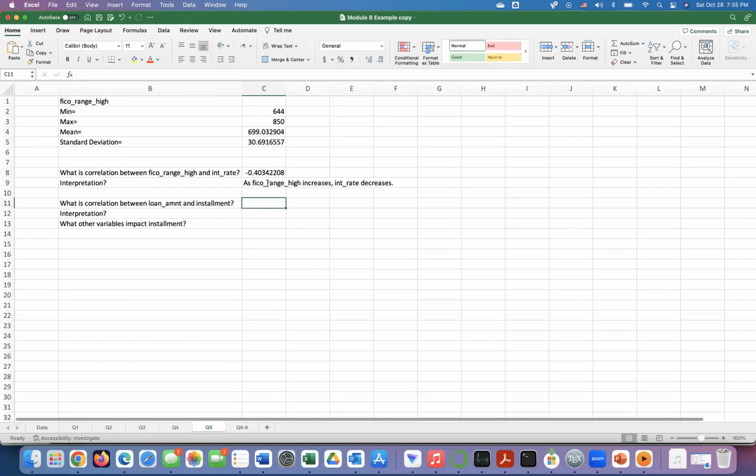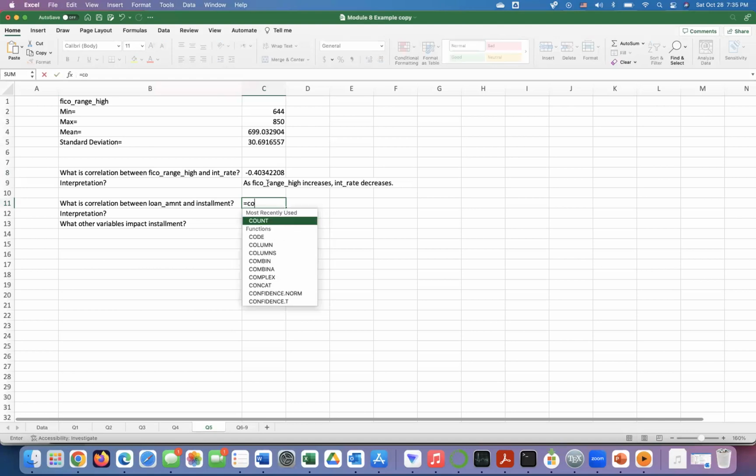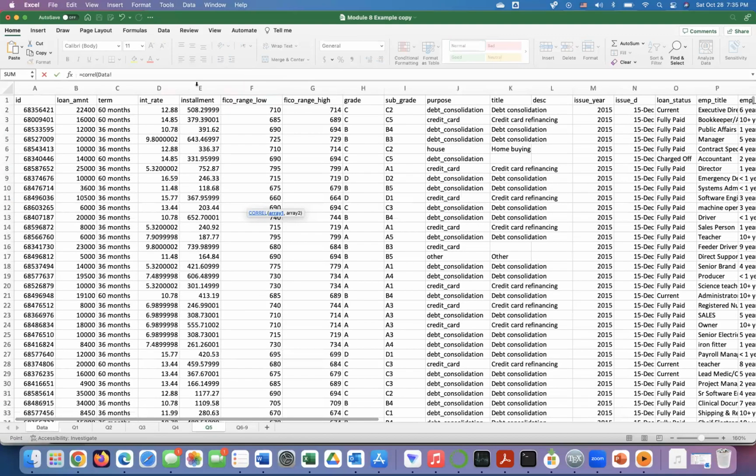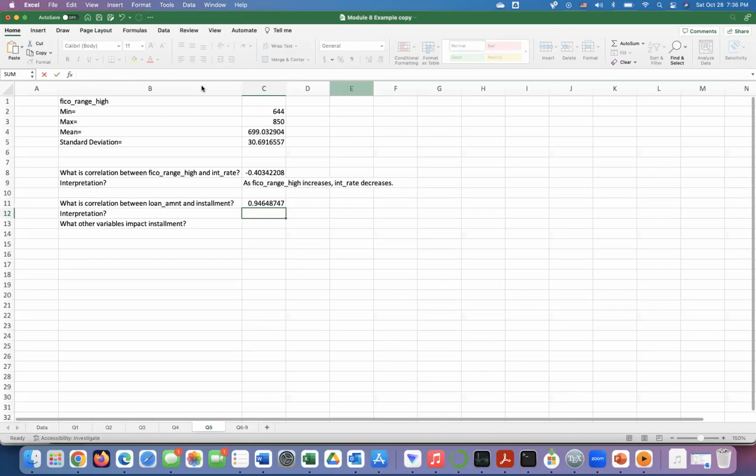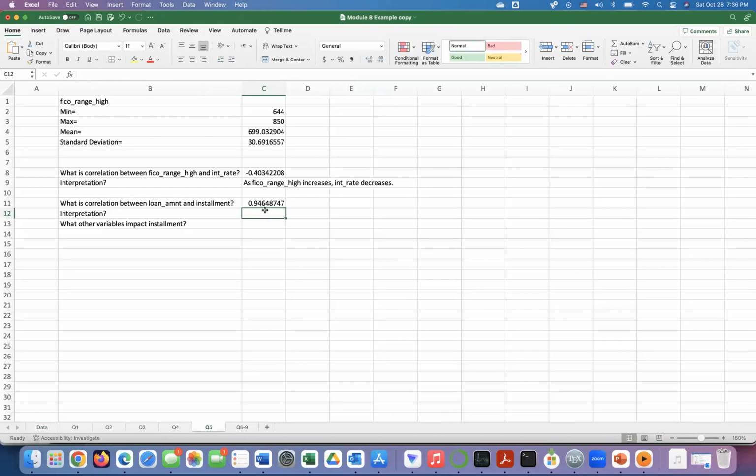What is correlation between loan amount and installments? The correlation between these two. Again, we're going to do CORREL, so equals CORREL between loan amount and installments. Loan amounts, comma, and then installments. 0.94, very high.